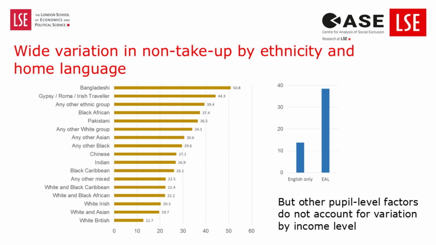So we look at whether variation according to these other factors accounts for the poor children attending less often. Is it that they are the non-English speakers or the Bangladeshi children? And it's not. So there are lots of interesting interactions, but the main message is that it's income level that seems to be the primary driver here at the pupil level.